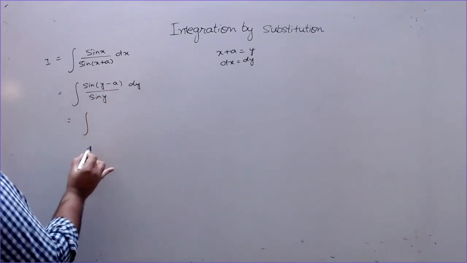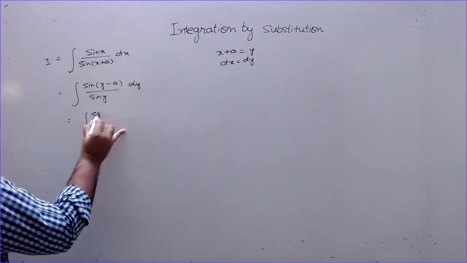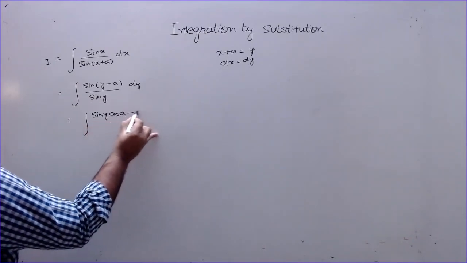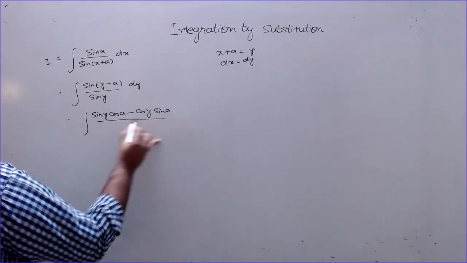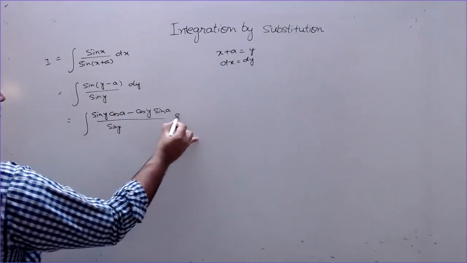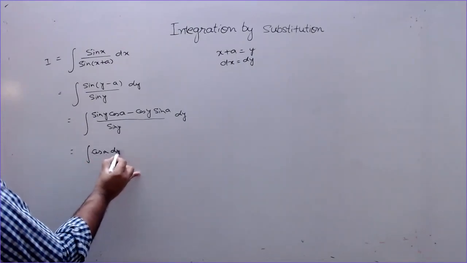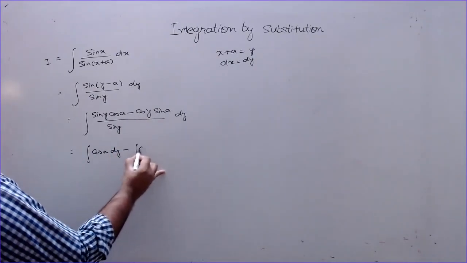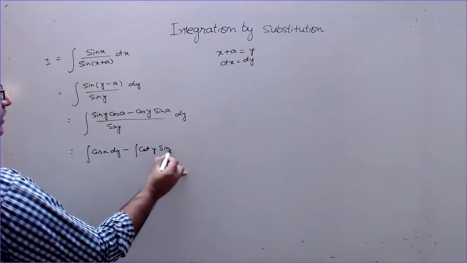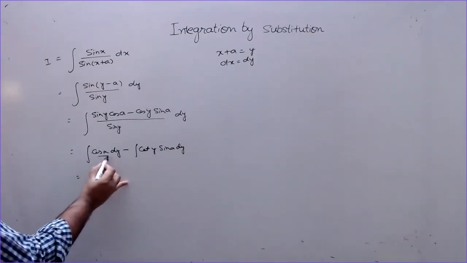Expanding this using the formula of sine A minus B, and dividing by sine y, we get sine y cos a minus cos y sine a, divided by sine y. So this is integral of cos a dy, sine y cancels, minus cos y by sine y, cot y sine a dy. Cos a is a constant, a is a constant here.